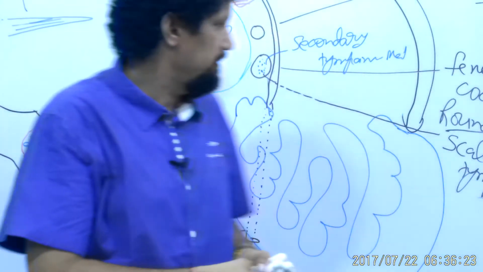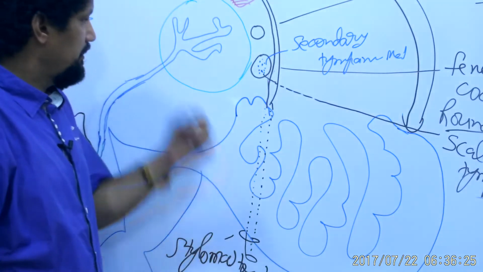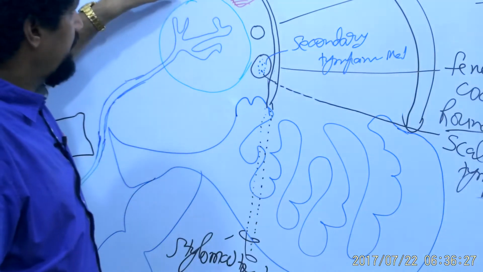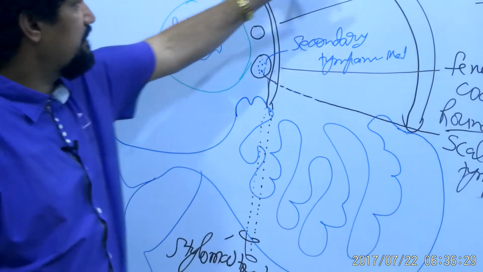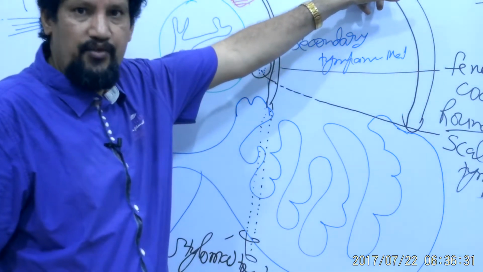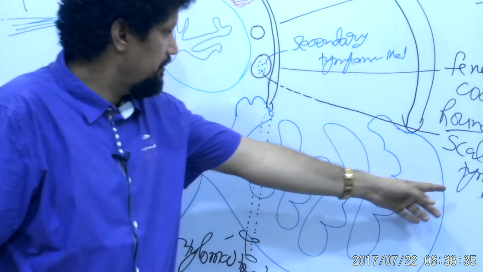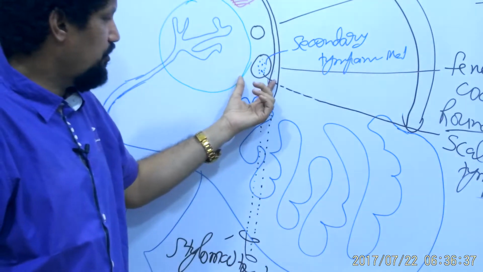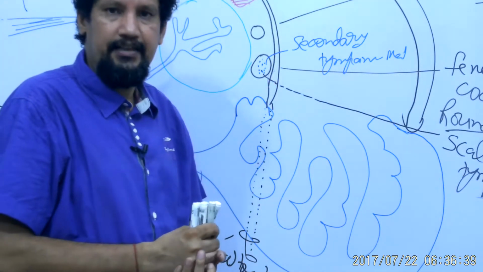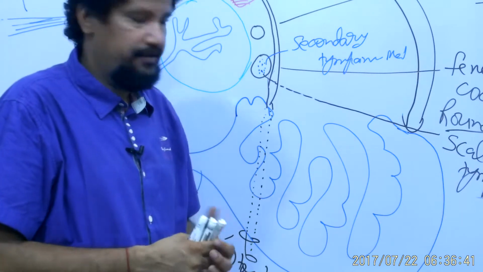This part is having the oval window known as fenestra vestibuli and closed by foot plate of the stapes. The scala tympani or the round window, which is closed by the secondary tympanic membrane.